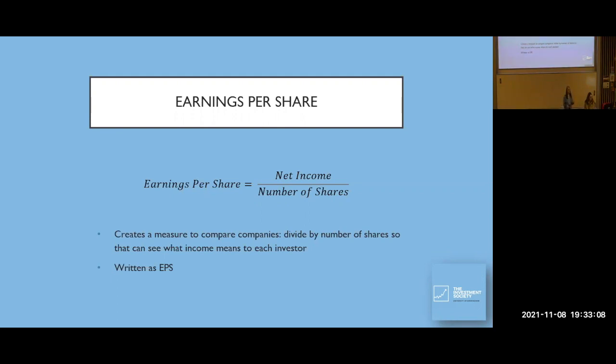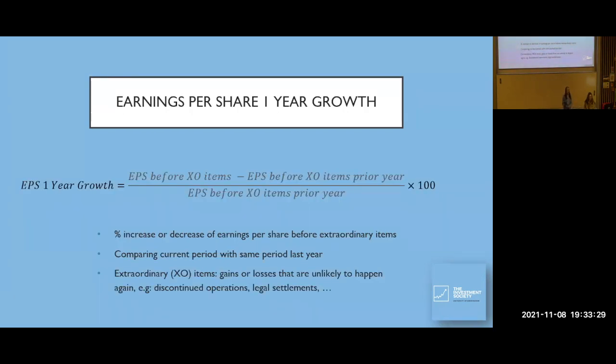We have talked a bit about the different ratios and what these are before, but just as a summary, it's written behind. Earnings per share is abbreviated normally to EPS, and this is what creates a measure to compare companies. What is earnings per share growth?